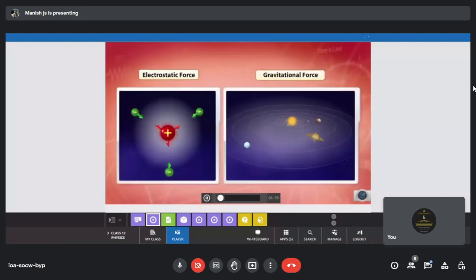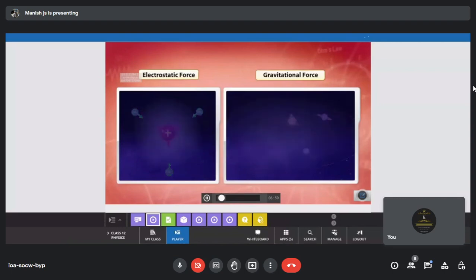This is similar to the motion of the planets around the Sun due to the gravitational force of attraction between them. However, it is important to note that the gravitational force between two masses is always attractive, while the electrostatic force between two charges is attractive for unlike charges and repulsive for like charges.